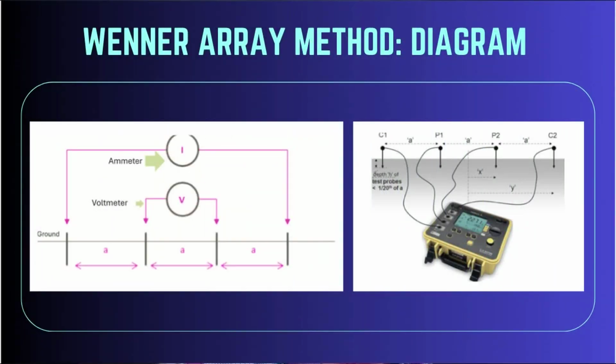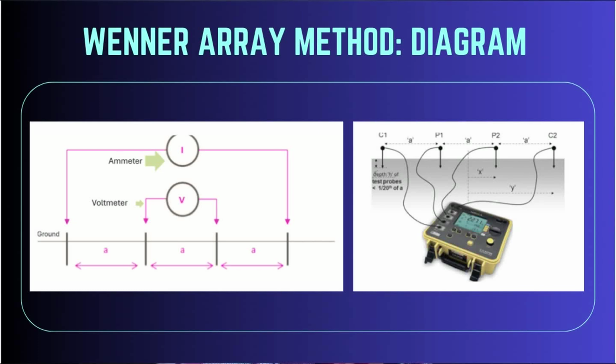Here in this picture, you can see the diagram for Wenner's array method, which is also known as the 4-electrode method. There are 4 electrodes used in this process, and the equipment needed in this process are 4 electrodes, voltmeter, ammeter, and resistivity measuring instrument.